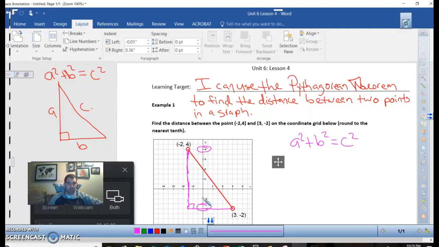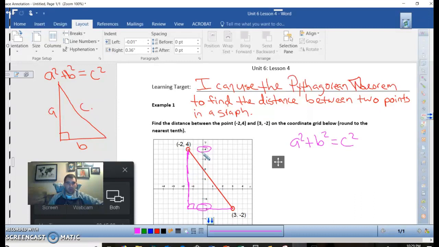I guess each box is a half on this coordinate plane. That's not always true, so just bear with me on that. This is going by 2's: 1, 2, 3, so each of these boxes is worth a half. You've got to be careful with that and make sure you understand that.